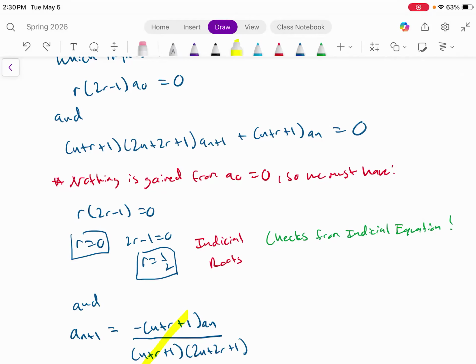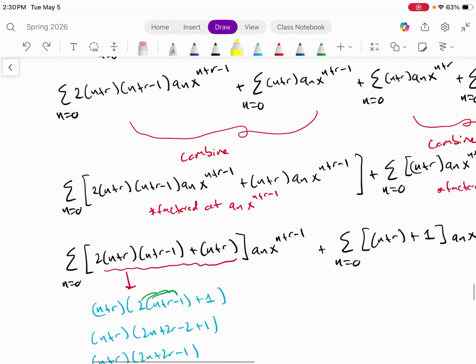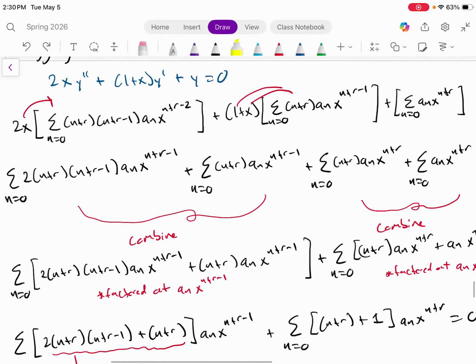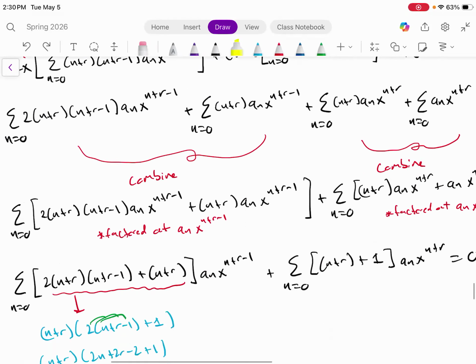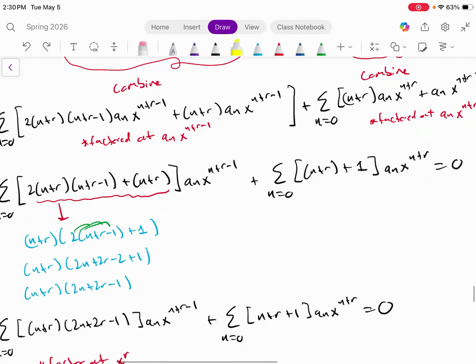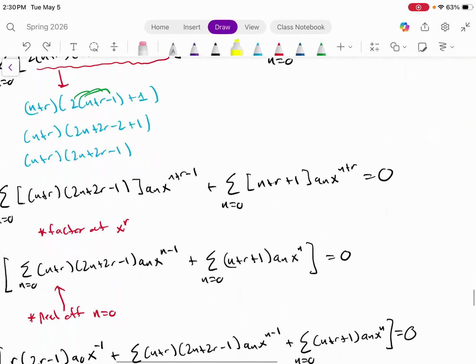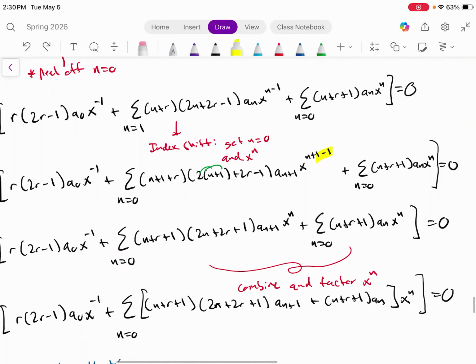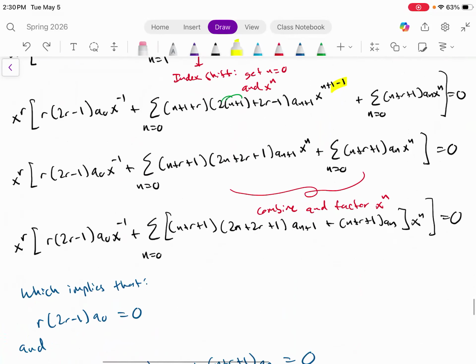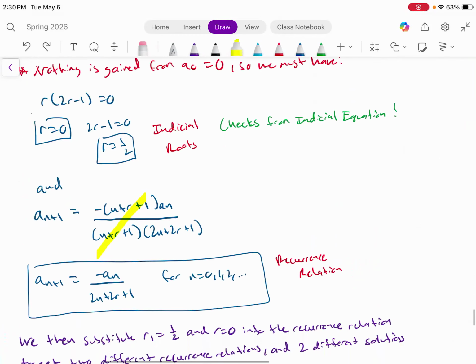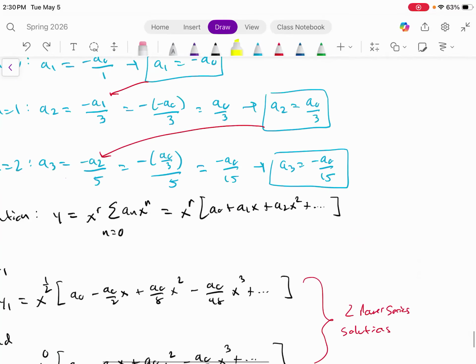It's a lot of algebra work with the power series, but it's sort of the same: you insert y prime and y double prime, combine some power series, factor some terms out, clean up some algebra, factor out x to the r, peel off an index shift, combine into one power series, set up your recurrence relation, get your initial roots, and then solve for your power series for each root.